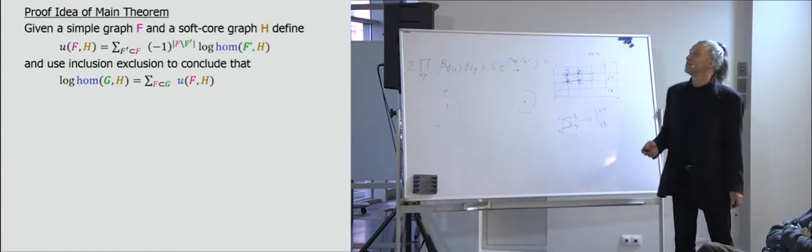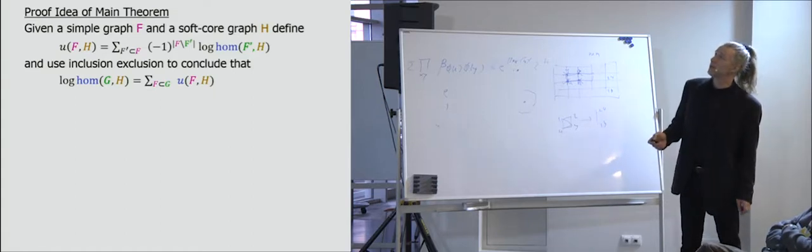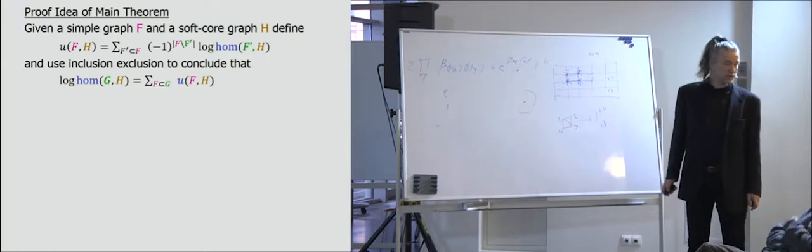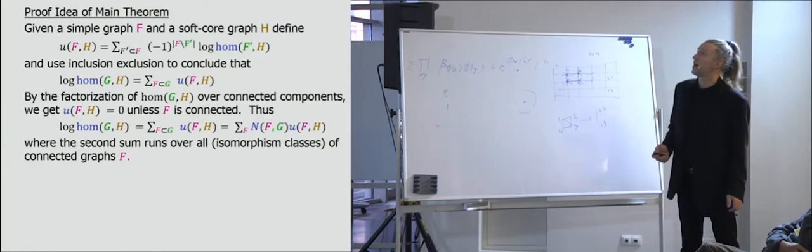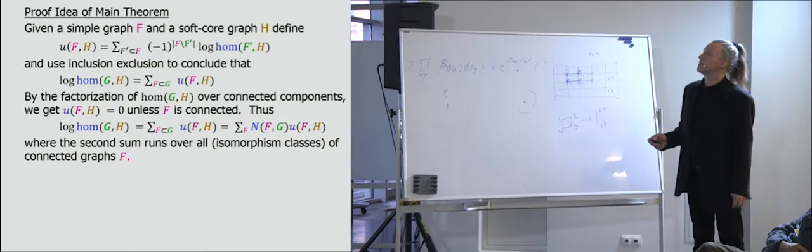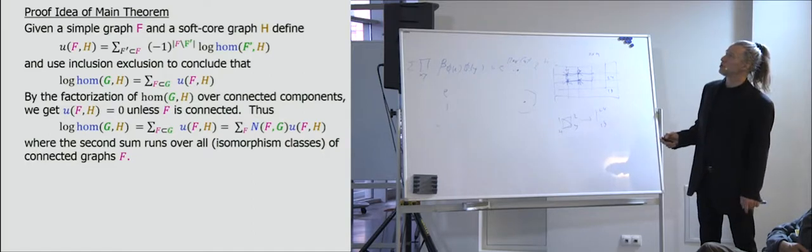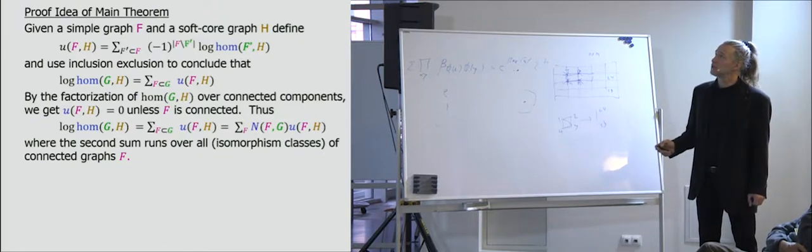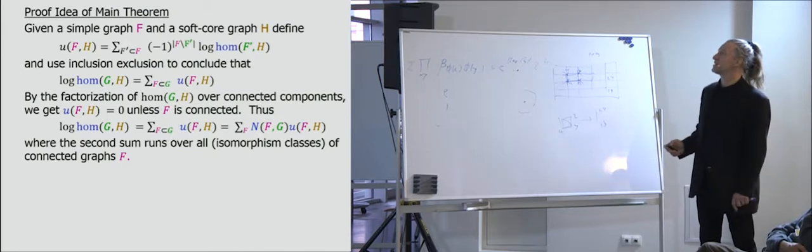Okay, so we have now written this log hom as a sum over subgraphs of this quantity. Now, it turned out that this homomorphism, as I already told you before, if we decompose G into two connected components, gives the product of these. So if you take the log, you get the sum.